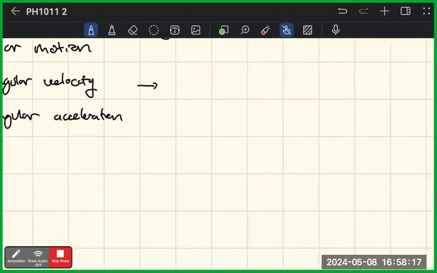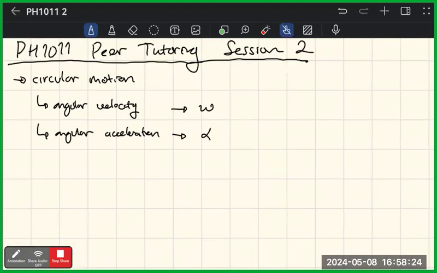Angular velocity we take as omega, and angular acceleration is alpha.